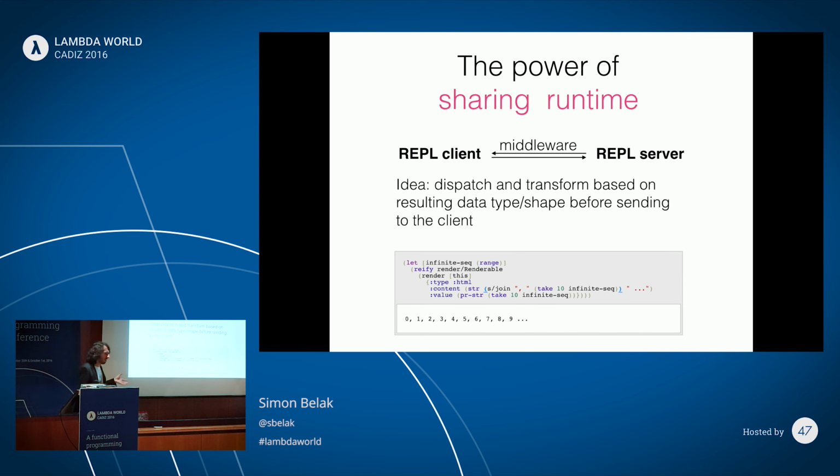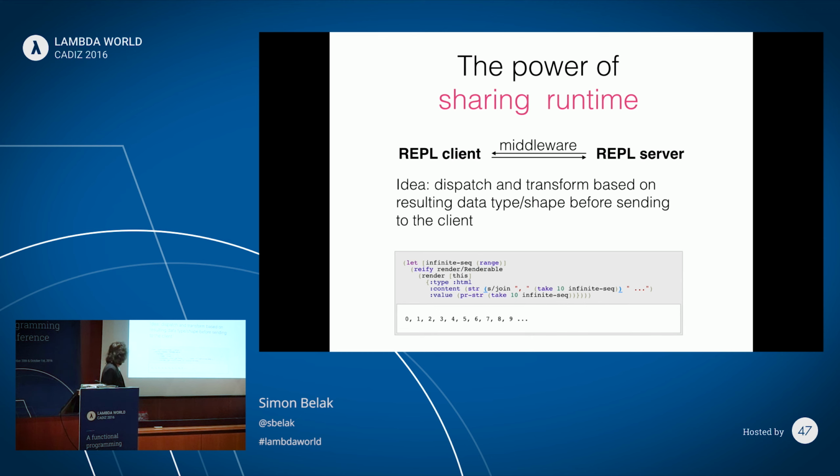So for instance, here is a very stupid little example. Let's say you want to be able to print out infinite sequences. Obviously that won't be a very good idea if you just say print this, so we want to truncate them at some point.